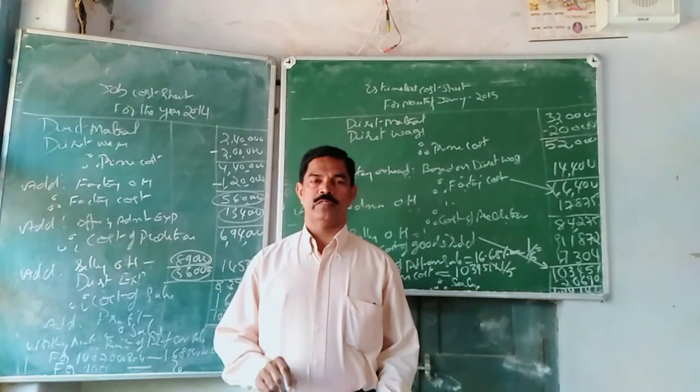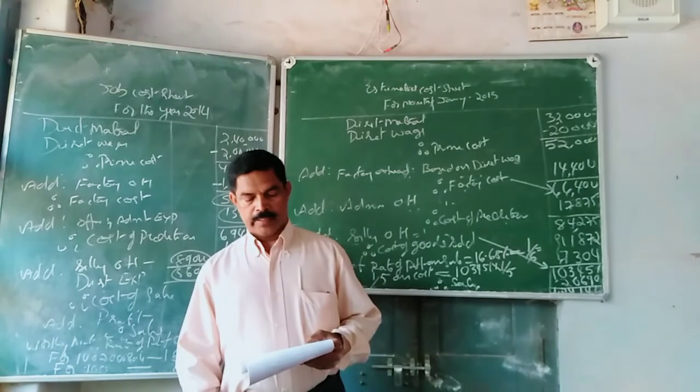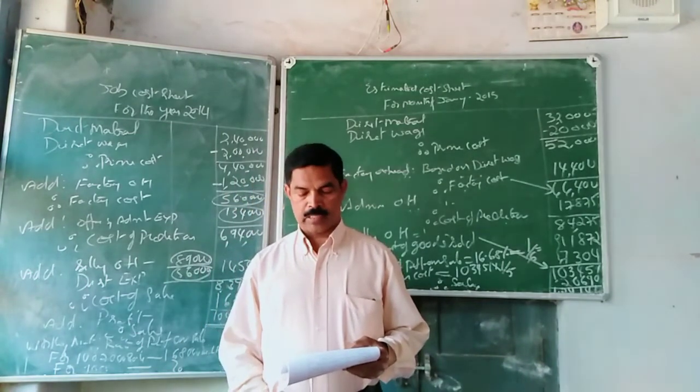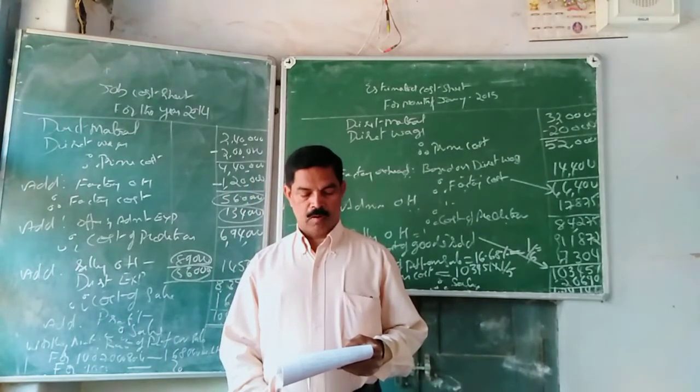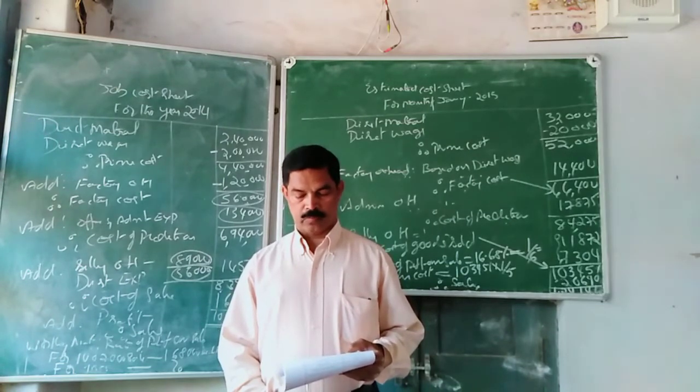Or in simple words, your cost center may be defined as any location, person or item of equipment for which cost may be ascertained and used for the purpose of cost control.